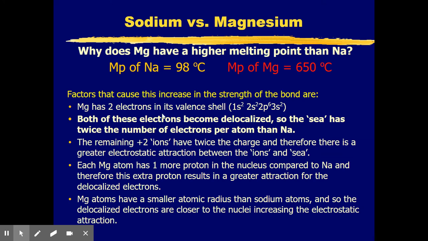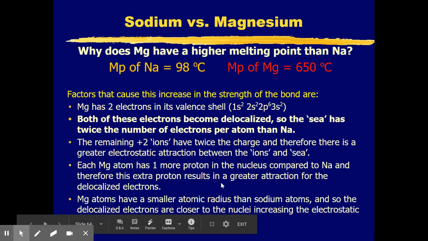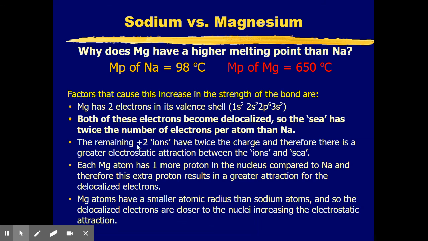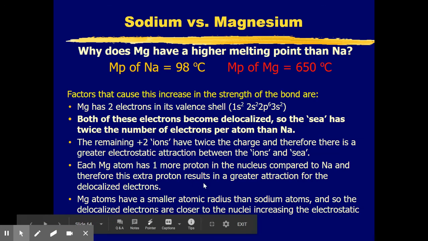Magnesium has more electrons in its valence shell. It has 2. Both of these electrons become delocalized, so the sea has twice the number of electrons per atom than sodium, which means they're going to be a lot more attracted, because there's more negative to be attracted to a greater positive cation, which is important. The remaining 2+ ions have twice the charge, and therefore there is a greater electrostatic attraction between the ions and the sea.